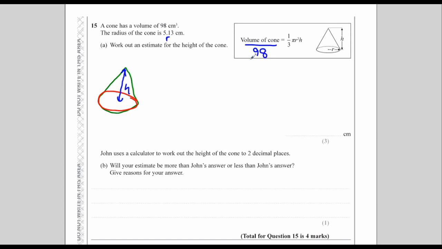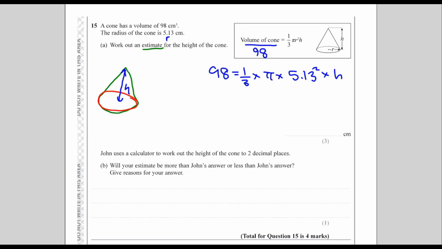So let's write out what we know from our equation. 98 equals 1/3 times pi times r squared, where r is 5.13, times the height. Now it's a shame we don't have a calculator to bung this into. We need to do 5.13 squared, but it's saying estimate.